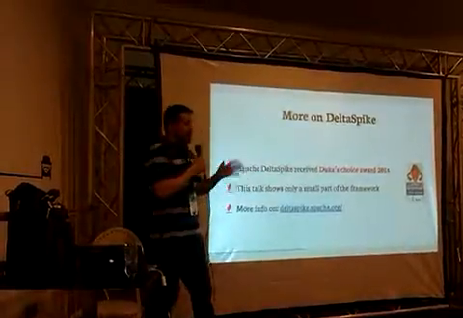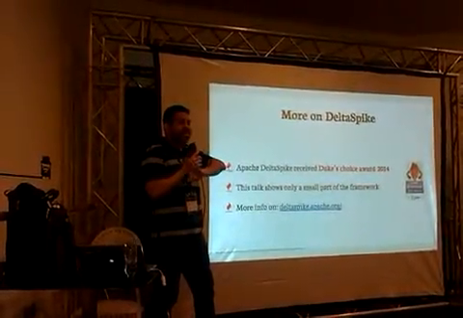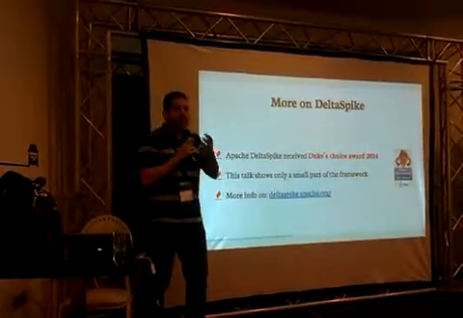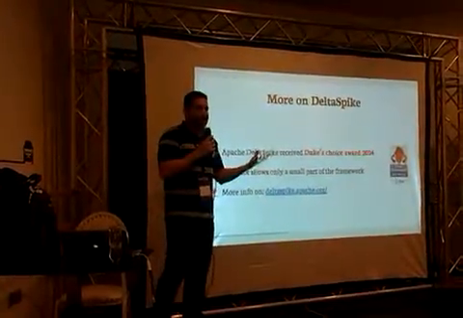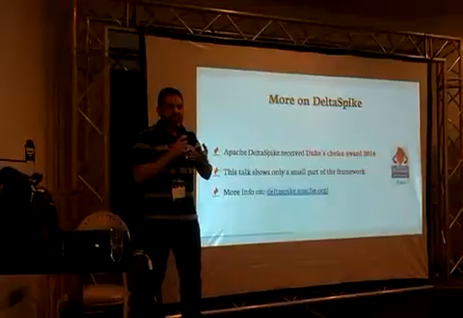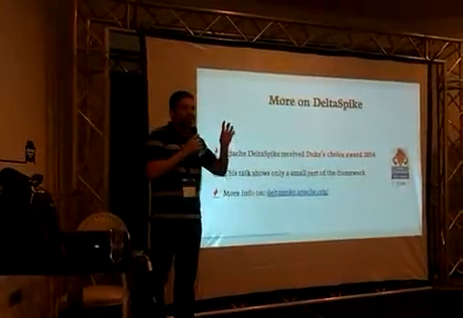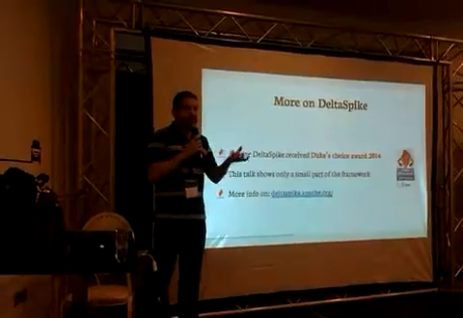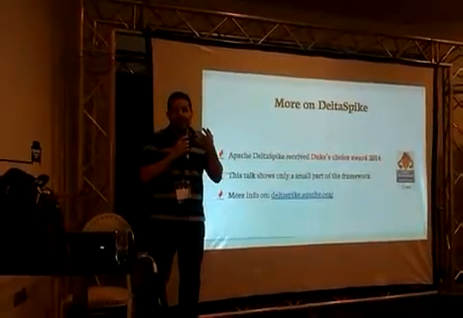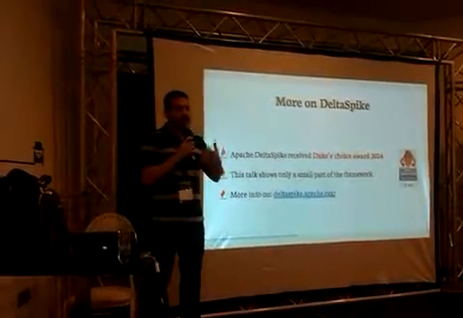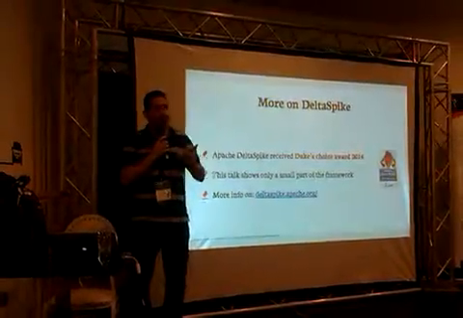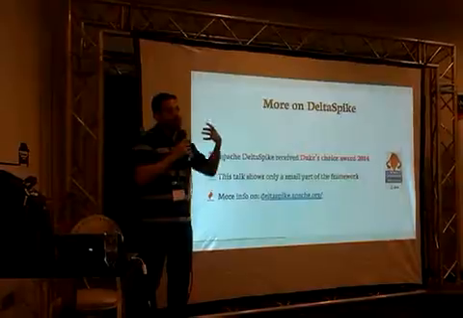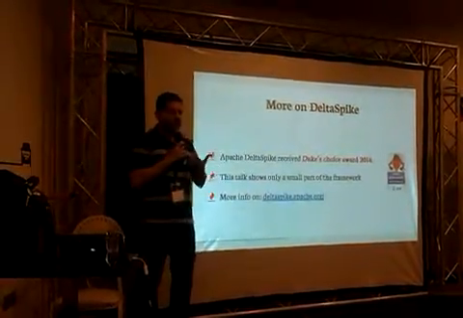Okay? And DeltaSpike has a lot of features, but unfortunately, I can't show you all of them in 50 minutes. That's why I will show you just a small piece of this project. I chose the features that I like the most, that I think will give you more productivity, that will make your project move faster than if you were not using it.